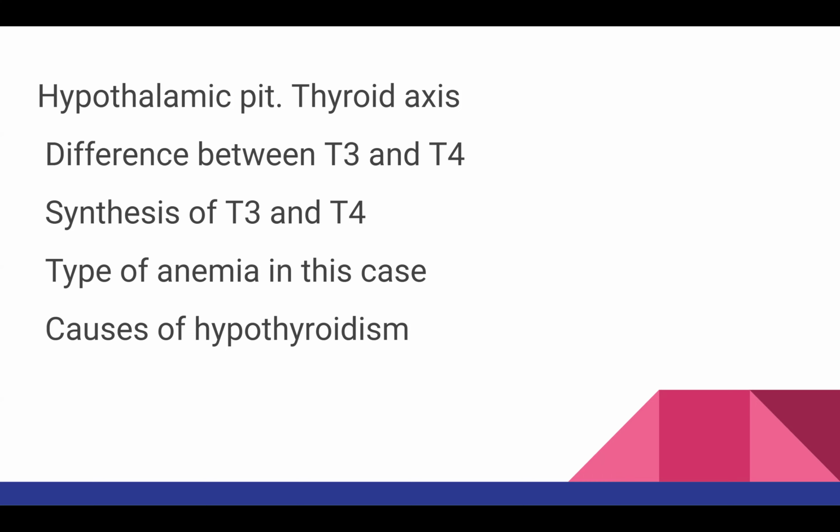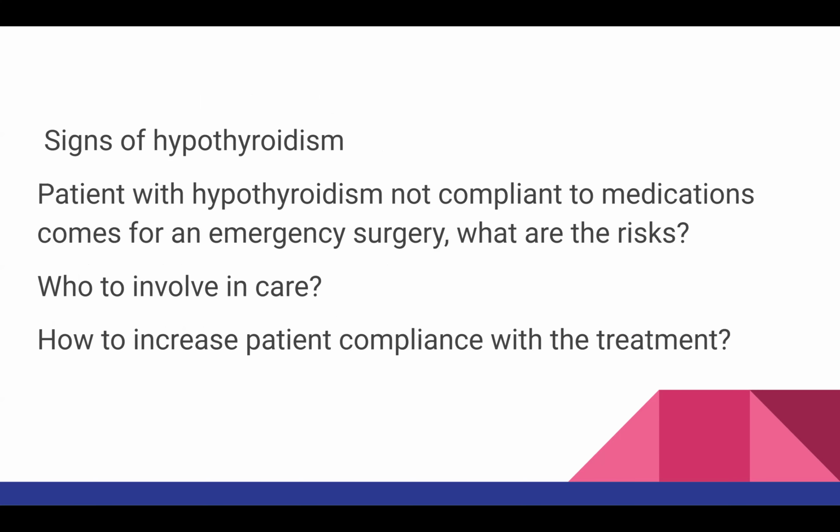In iatrogenic, it can be due to surgery, drugs, and radioactive iodine therapy. Iodine deficiency is nutritional, and autoimmune causes include Hashimoto's. There can also be issues in the development of the thyroid gland, and also absence of the thyroid gland, or thyroiditis. These all come under primary hypothyroidism. Secondary hypothyroidism could be due to the failure of the hypothalamus or the pituitary gland.